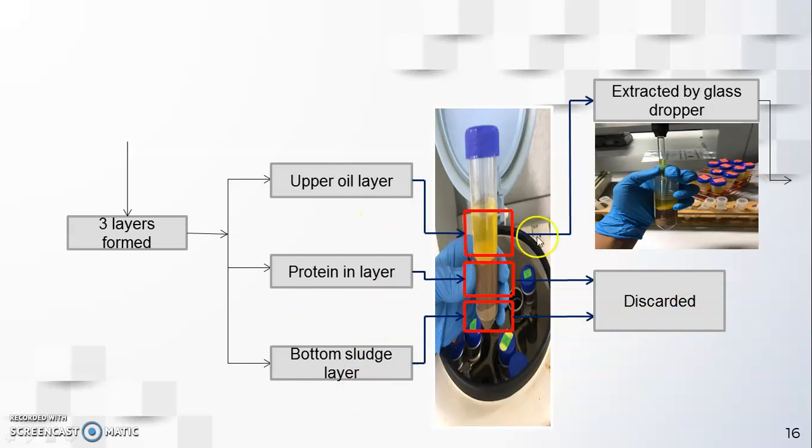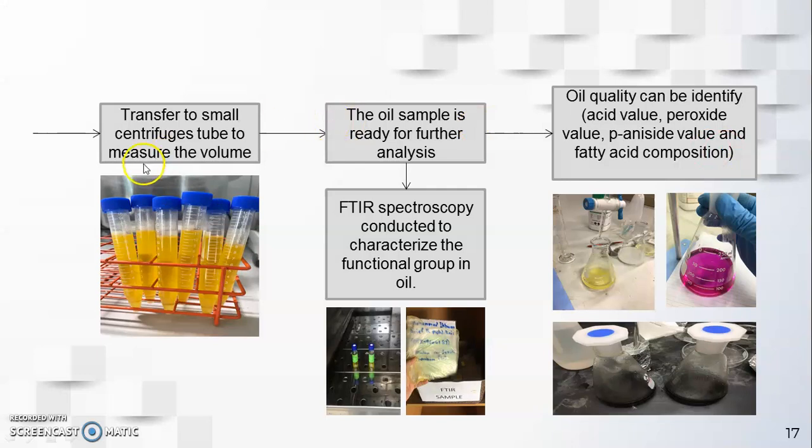The upper oil layer that is kept will be extracted by glass dropper. Next, it will be placed into a small centrifuge tube or a measuring tube to measure the volume.